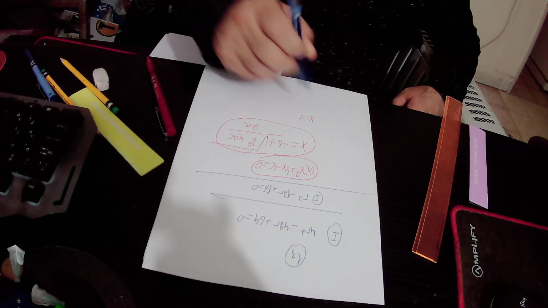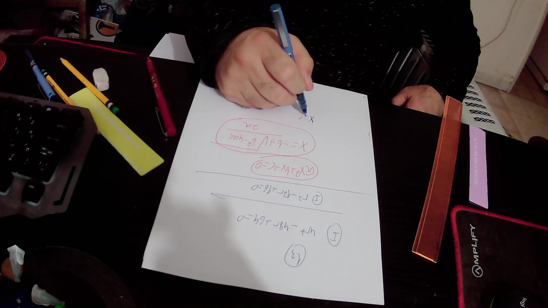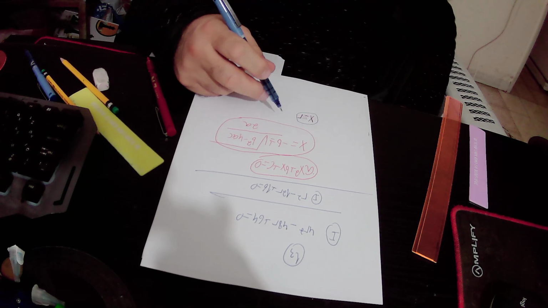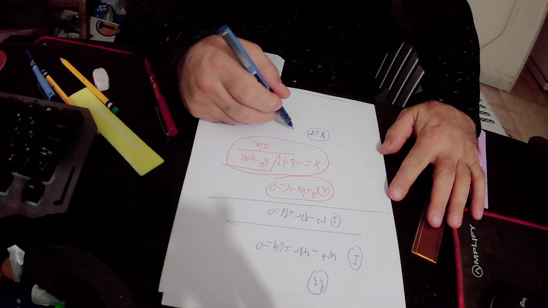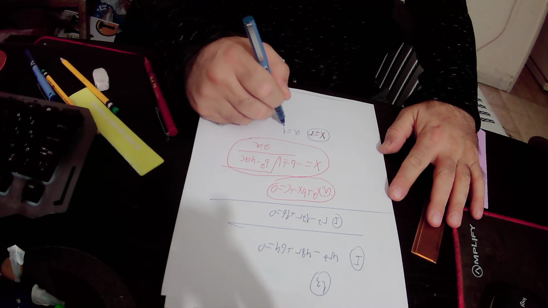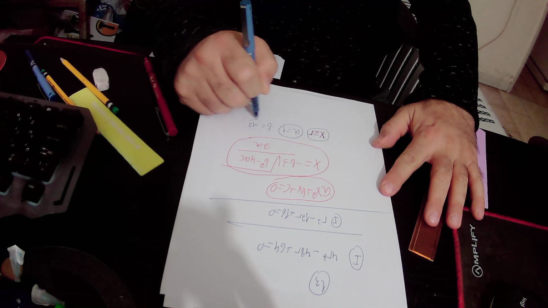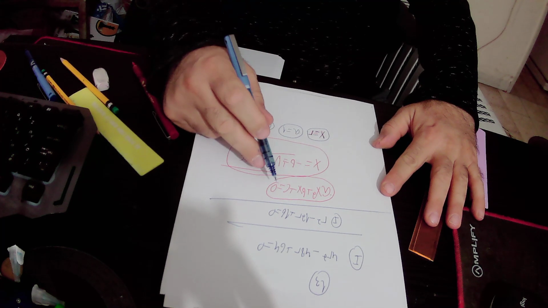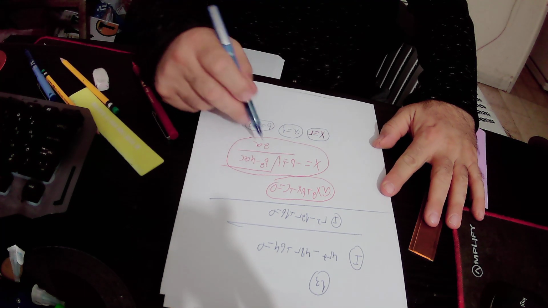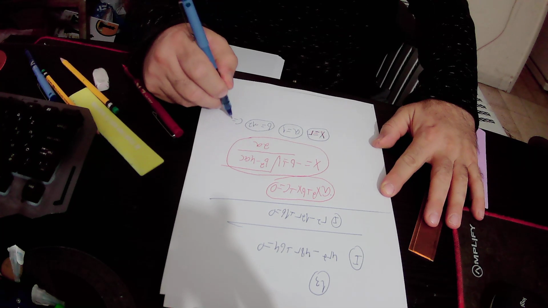So x equals r. The coefficient a equals 1. The coefficient b equals minus 12. And the coefficient c in our specific quadratic equation equals 16.